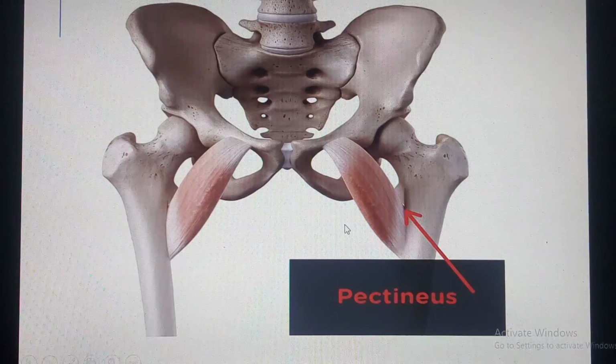Now this muscle is a hybrid muscle, which means it has dual innervation, because it finds itself in one compartment of the thigh and of course in another compartment. The pectineus muscle is in the anterior compartment as well as the medial compartment of the thigh, and therefore it is supplied by the nerve of the anterior compartment, which is the femoral nerve, as well as the nerve to the medial compartment, the obturator nerve.